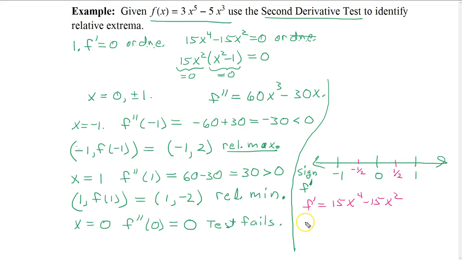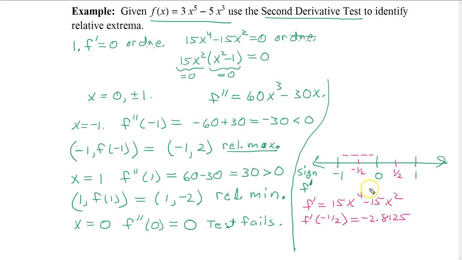And if we evaluate f prime of negative 1/2, putting negative 1/2 in here for x, you can evaluate that on your calculator. You're going to get back negative 2.8125. So our first derivative is negative to the left of 0.